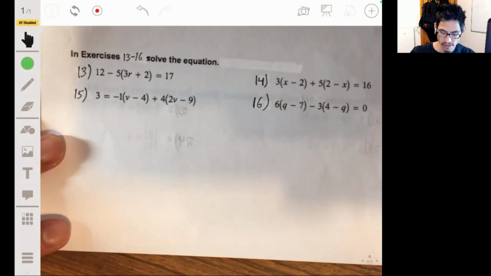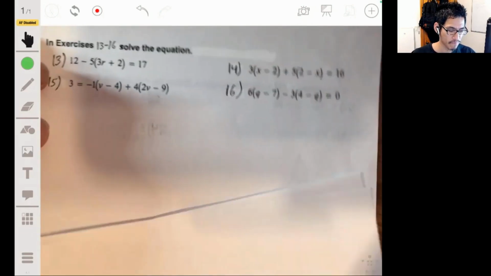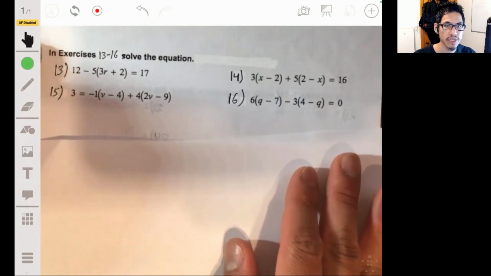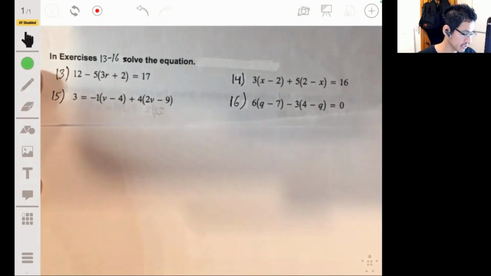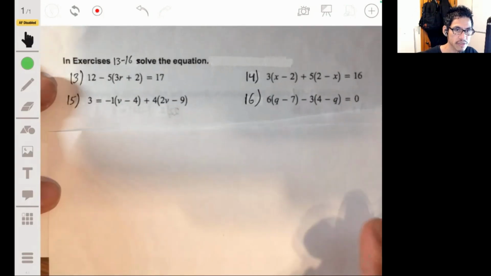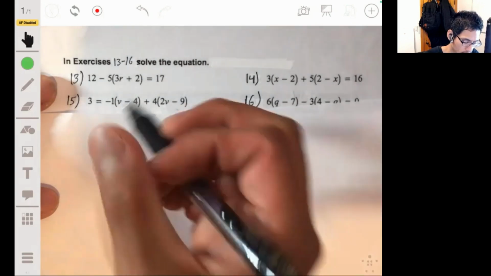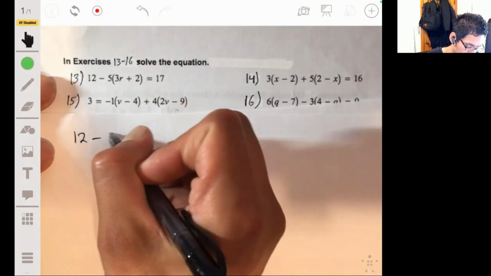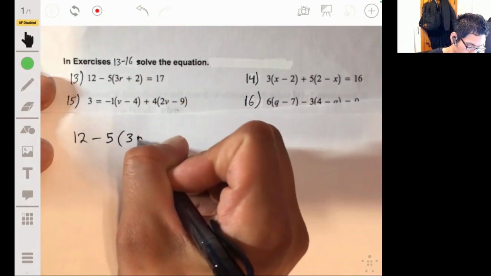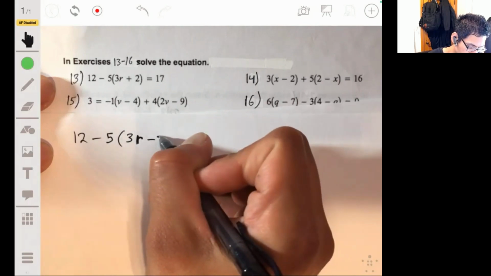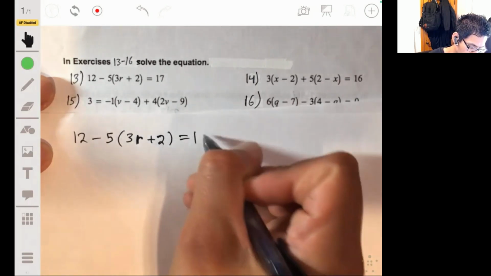Okay. Now we got to step it up to some equations where you get to use distribution properties. All right. So 13, we got 12 minus 5 times the quantity of 3r plus 2 equals 17.